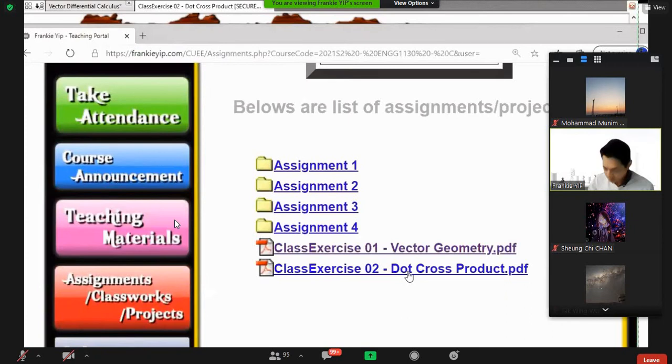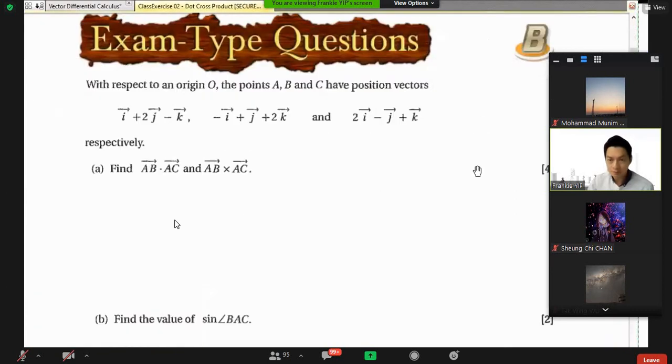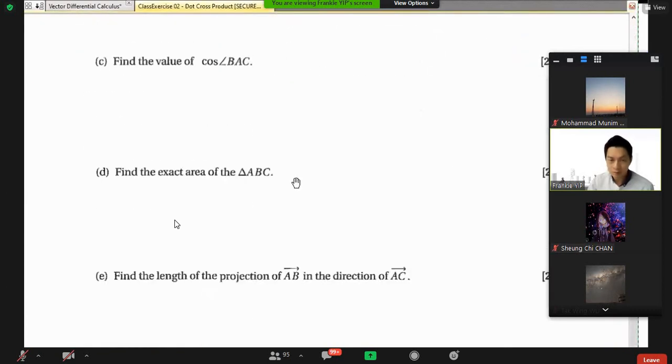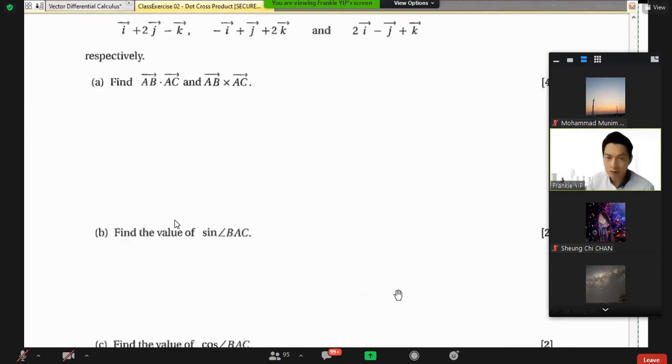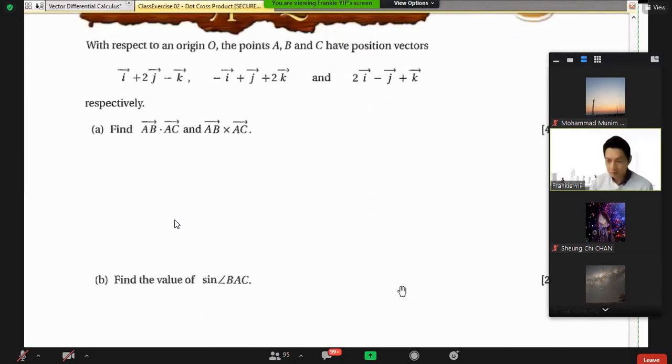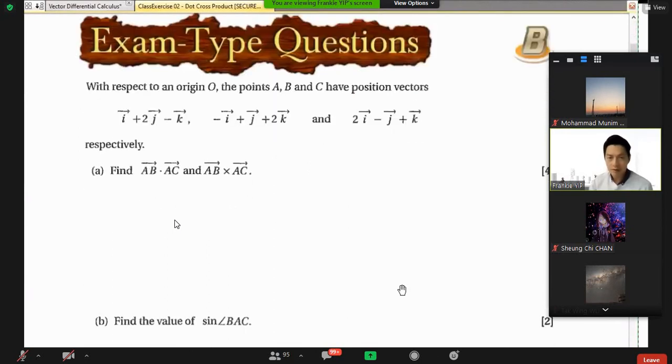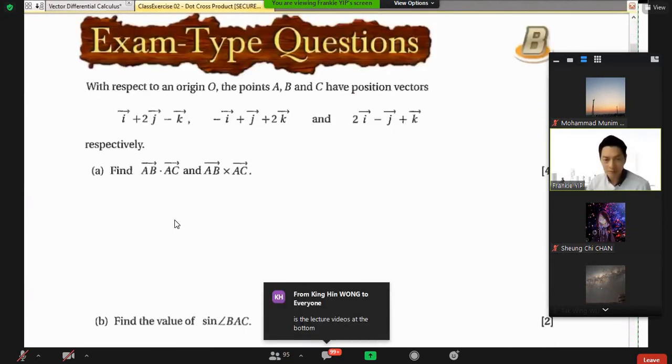Got it? Okay, try it now. Once again, we have 1, 2, 3, 4, 5 parts, including the projection. I give you 5 minutes for each part. So start the timer again. Okay, do it now.